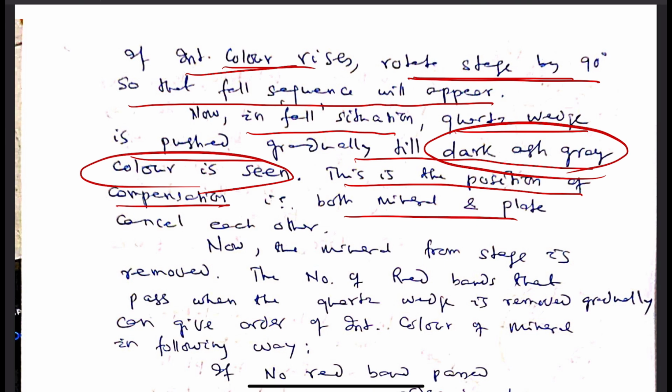So in this position, further pushing of the quartz wedge should not be there, because both are balanced now. Then the mineral placed on the stage is removed and the quartz wedge is gradually withdrawn, and the number of red bands that pass when the wedge is removed gradually is noted.